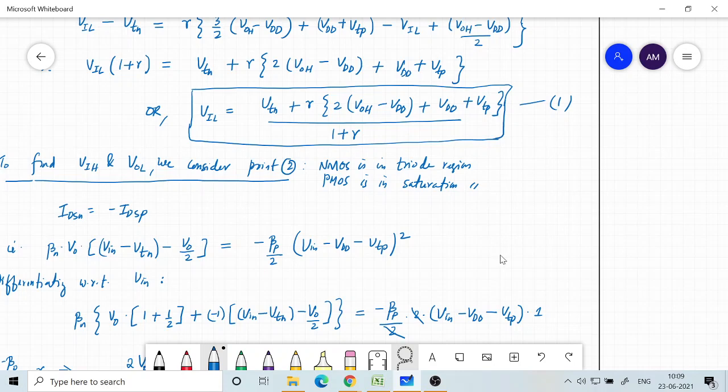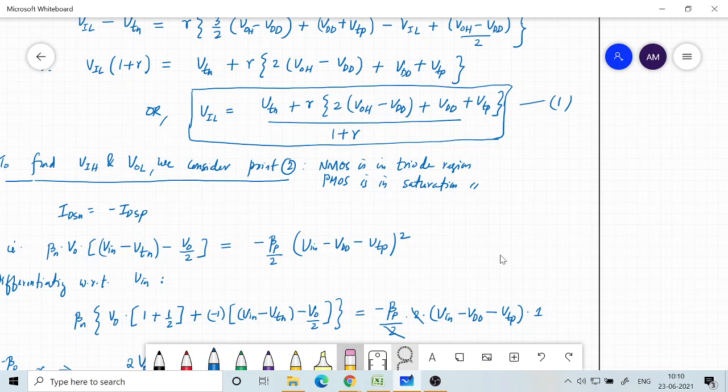Okay, so we need to combine these two equations. First of all, what we can do is find the difference between these points 1 and 2 on the x-axis, which is basically VIH minus VIL, 2 minus 1.